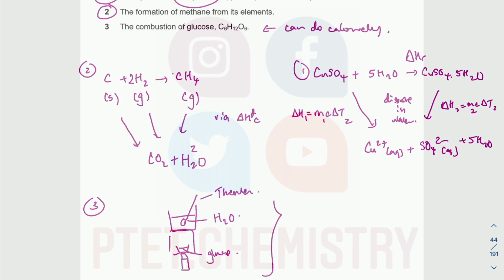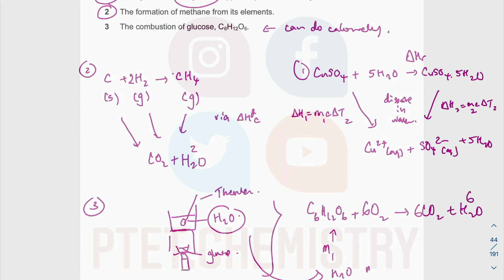So you can have C6H12O6 combusting in O2 to give you CO2 plus H2O, and that's not so bad, because there's 6 CO2, 6 H2O, that's 12 plus 6, 18, minus 6, 12, so 6 O2. You can work out the mass, M1, and the mass of the water, M2.